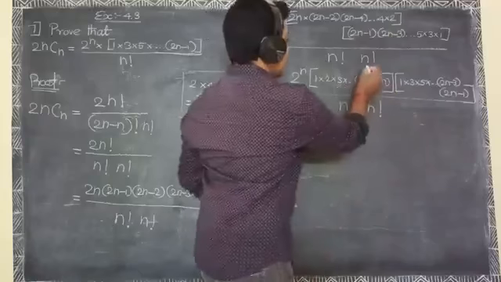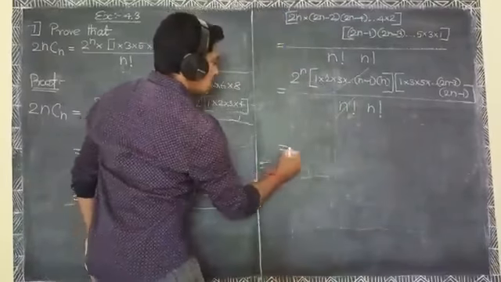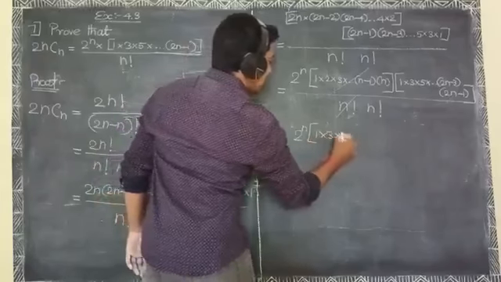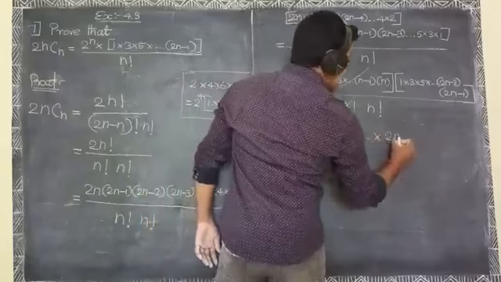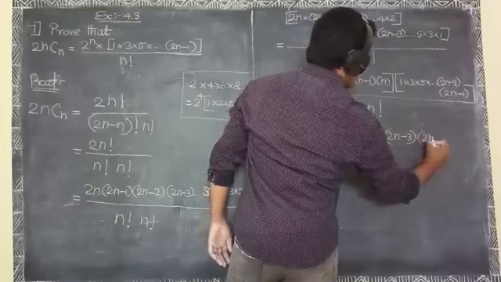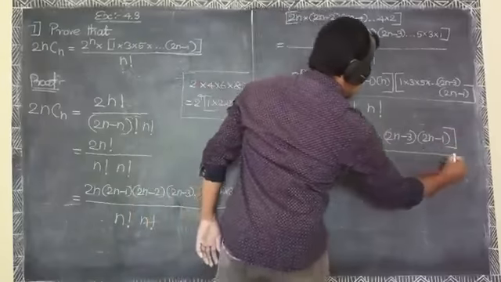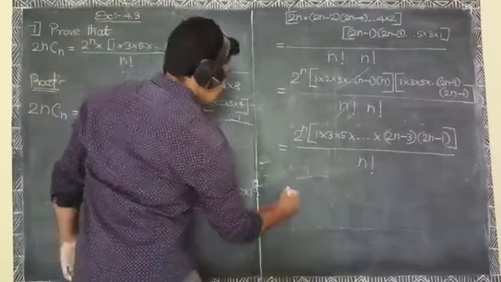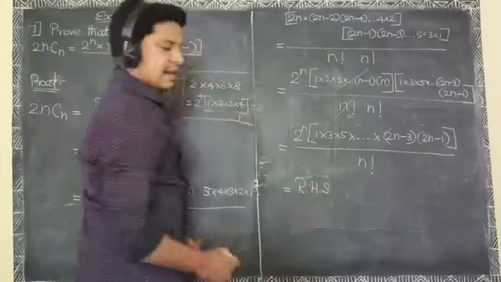The n! cancels, and the remaining result is 2 power n into 1 into 3 into 5 into and so on, (2n minus 3) into (2n minus 1) divided by n!. So LHS equals RHS. Hence proved.